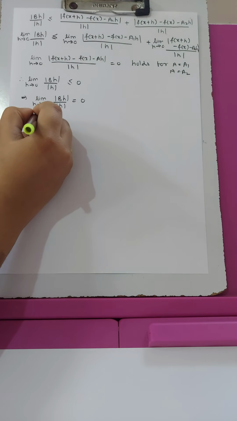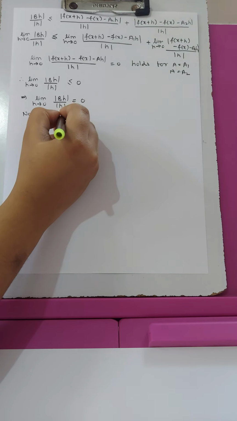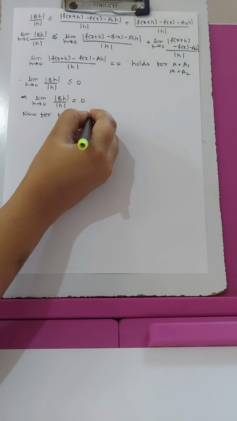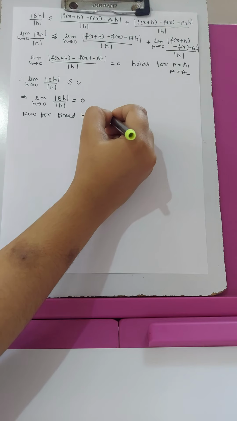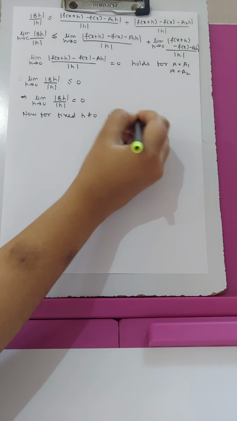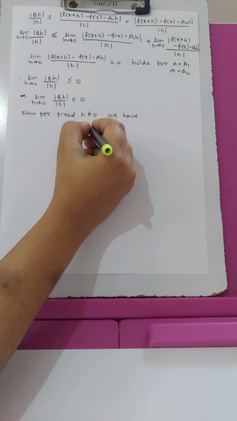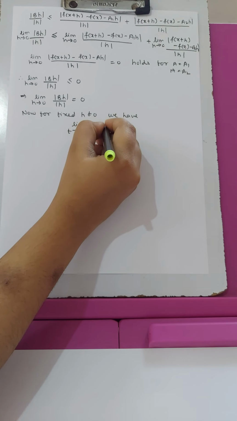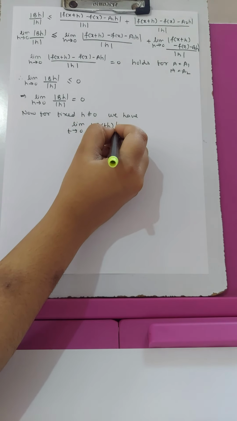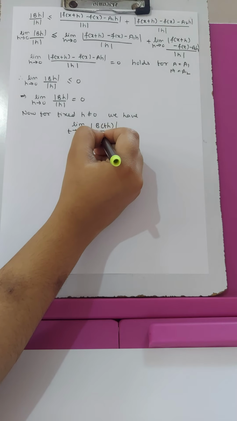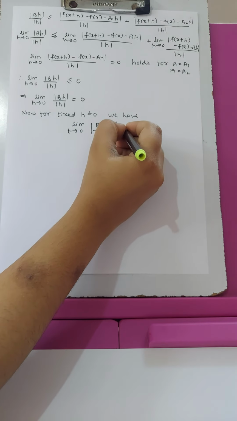Now for fixed h not equals to 0, we have limit t tends to 0 mod of b of th upon mod of th equals to 0.